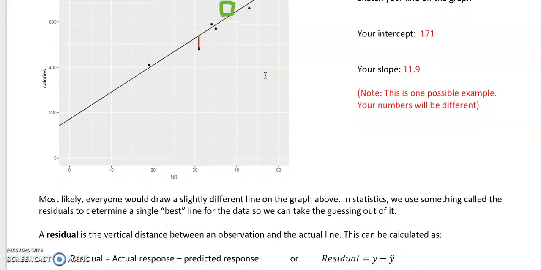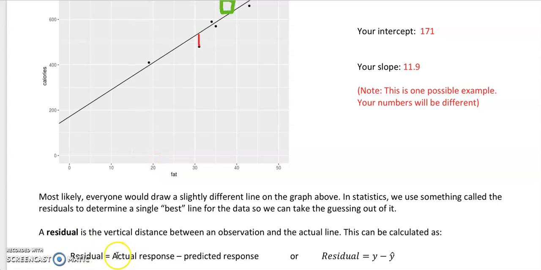The way that we can calculate this is the residual is our actual response, or our y value, minus our predicted response. We call this y hat. Anytime you see this hat symbol over the top, you can think of that as the predicted value. We saw something similar to this when we talked about proportions. p was the population proportion, and p hat was the sample proportion, which was basically our prediction for the proportion.